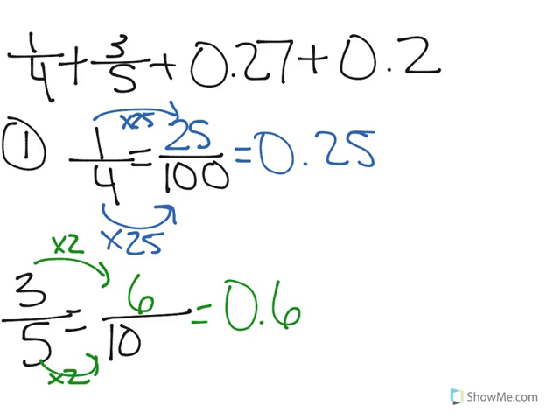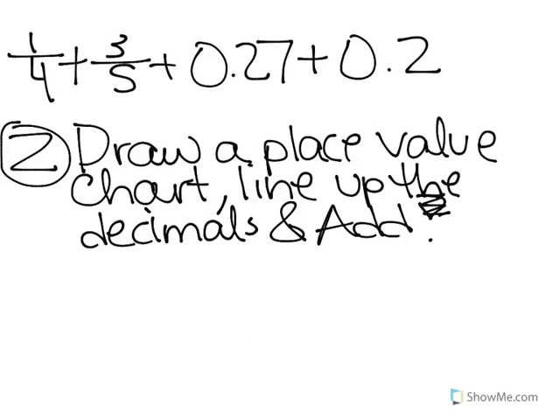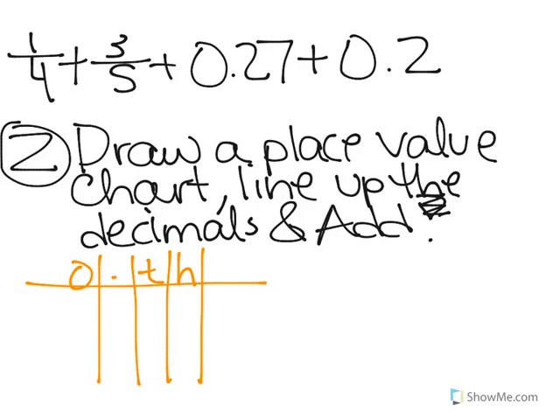So now all I have to do, my second step, is just to draw my place value chart, line up the decimals, and I can add. So I'm going to draw my place value chart, and I'm going to have my ones, my decimal, my tenths, my hundredths. Now I have 0 and 25/100, that was equal to 1/4. 3/5 was equal to 0 and 6/10.